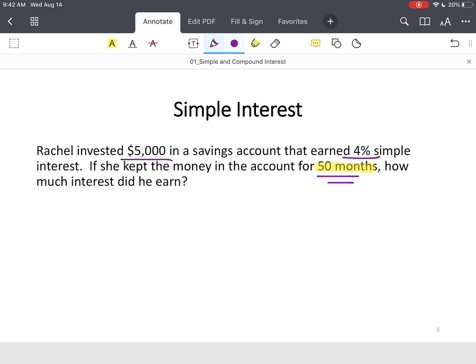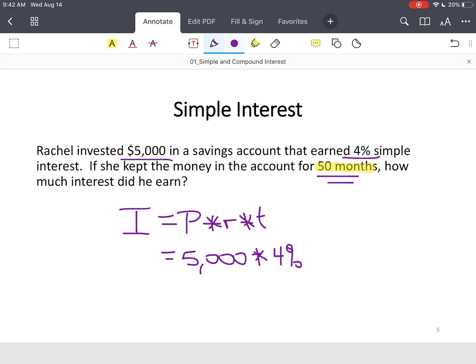So last two examples, we were given years in both cases. This time, they gave us time in months. So what you do is, same principle. We want to know how much interest, so I equals P times R times T. Take your $5,000. Interest rate was 4%. Again, you can write 4%, or you can convert it to 0.04.